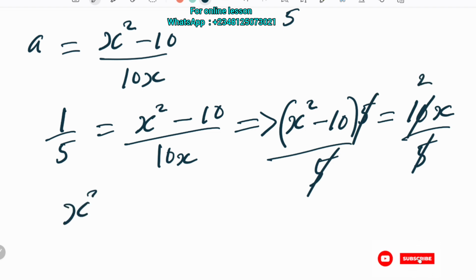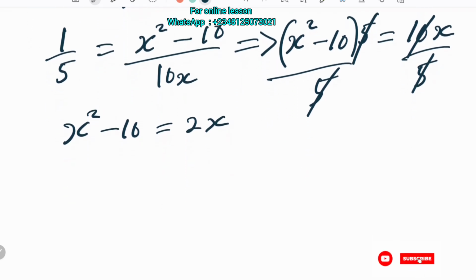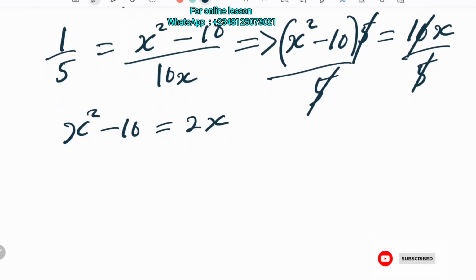So we have x squared minus 10 equal to 2x. So here we can form a quadratic equation, so that we move this 2x to the left. We have x squared minus 2x minus 10 equal to 0.